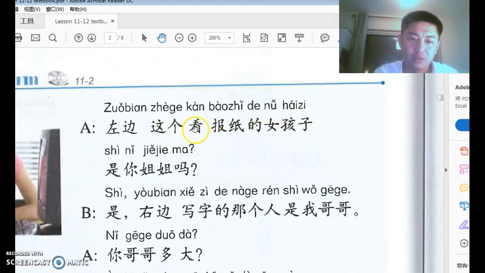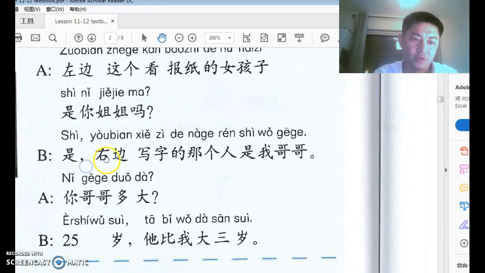This girl who's reading the newspaper on the left, 是你姐姐吗? Is the girl your sister, yes or no? Yes, 是. 右边写字的那个人, that person. What kind of person? The one writing Chinese characters on the right. 右边写字的那个人是我哥哥, older brother.